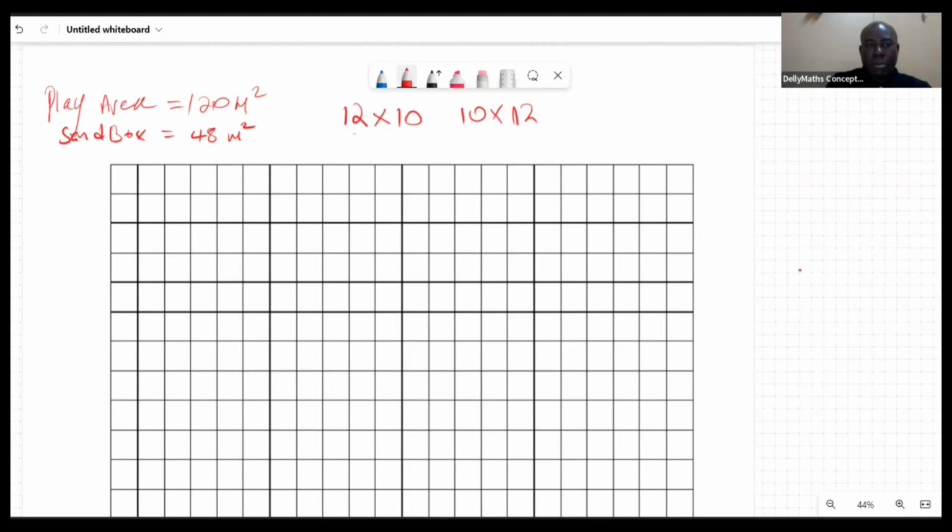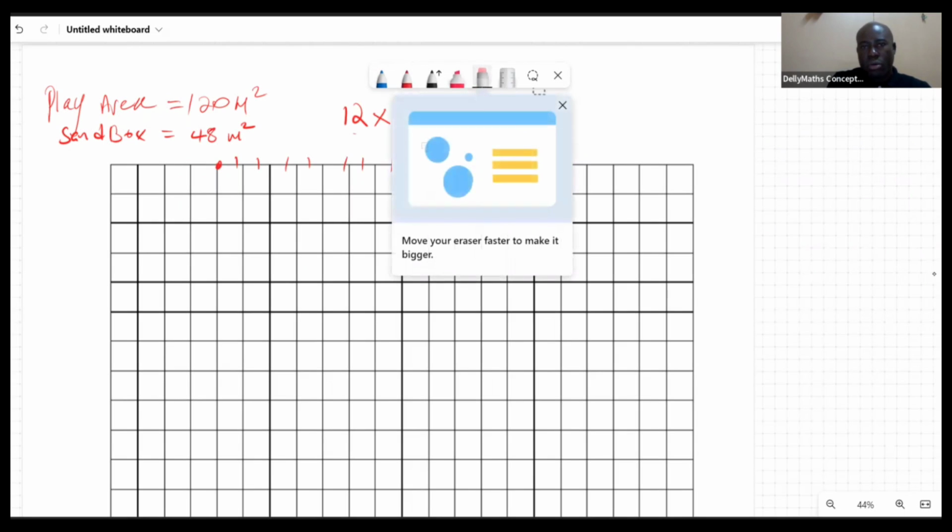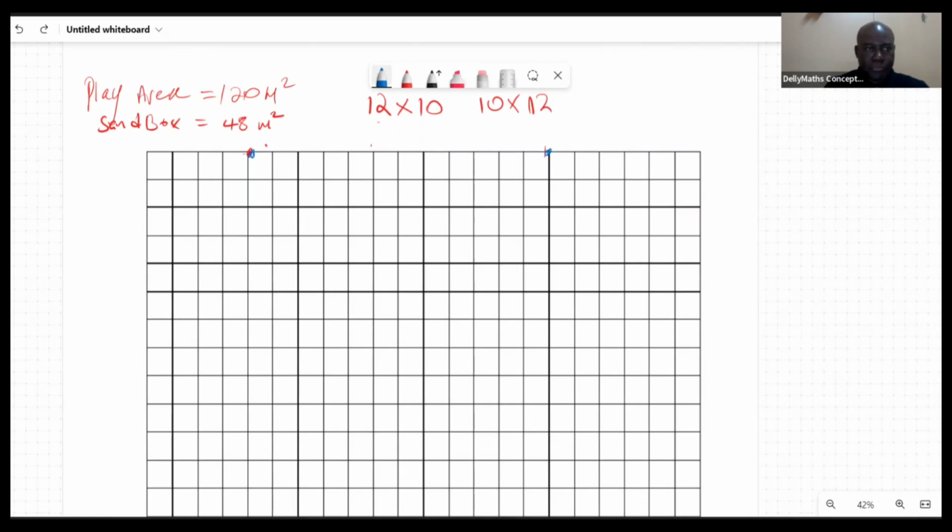So I'm going to mark off my area now. I'm going to go 12 across. If I start here, 1, 2, 3, 4, 5, 6, 7, 8, 9, 10, 11, 12. So I'm able to quickly see where I want to go. I'm going to do it properly.